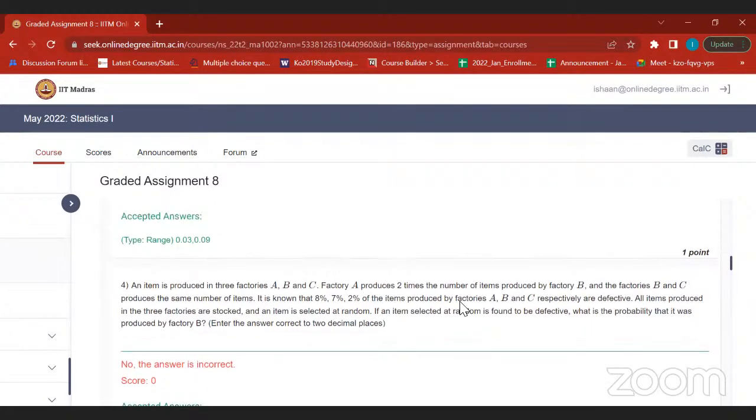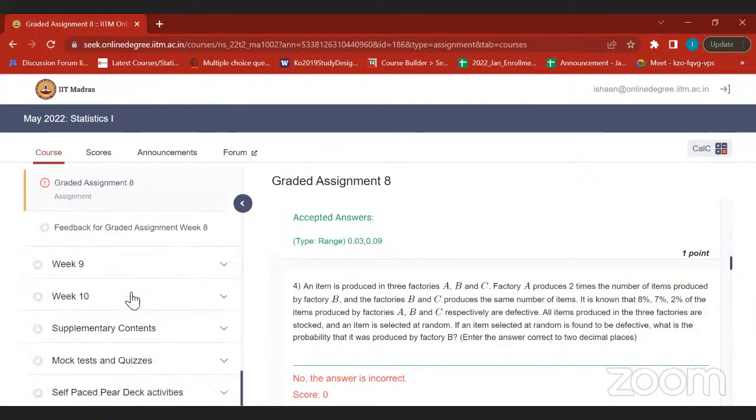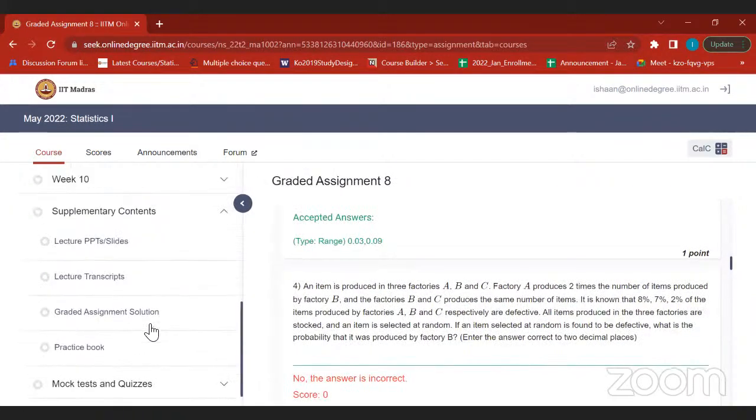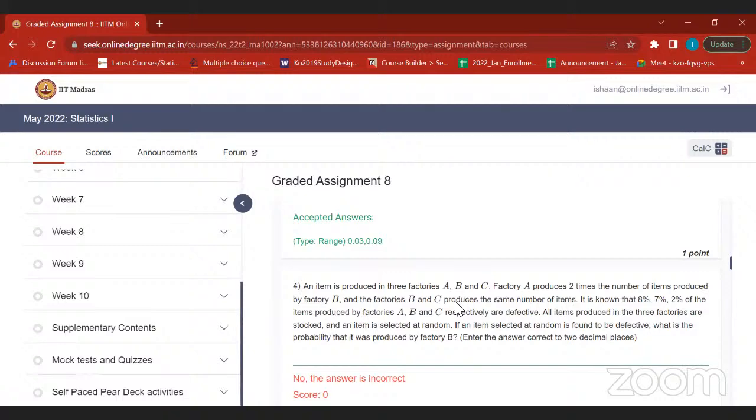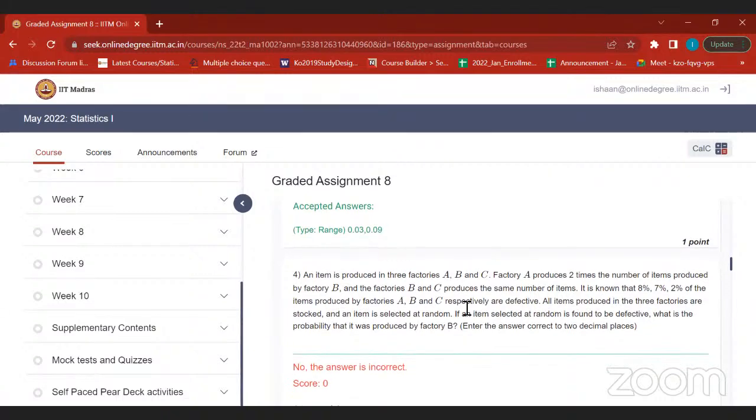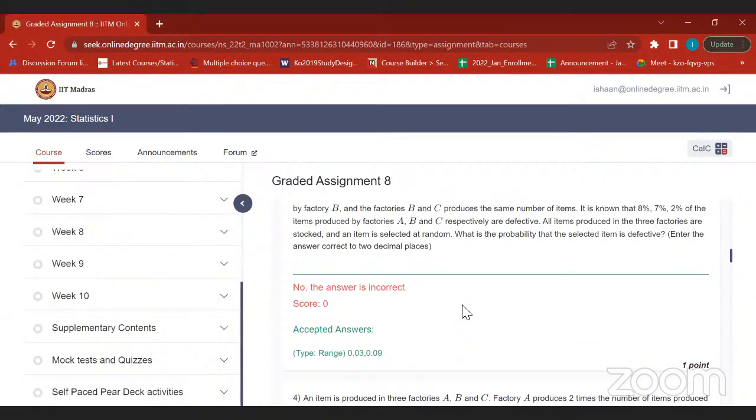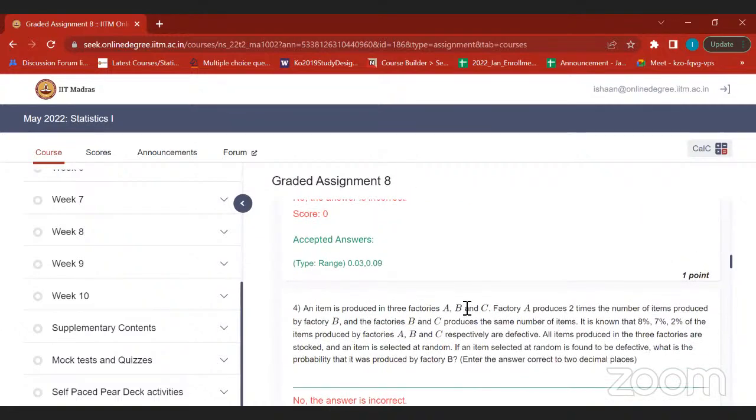Also, sir, I haven't got the graded assignment solution on my portal. It's in the portal only. I will see it right now. I think this is a calculation error, because the third one is correct, so the fourth one you must do right.